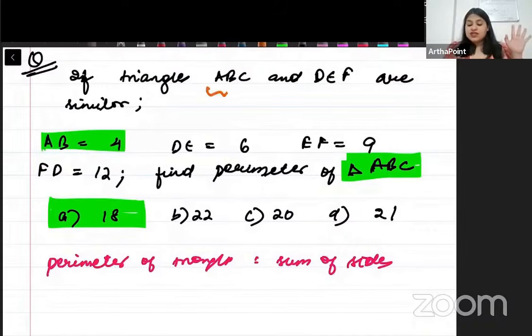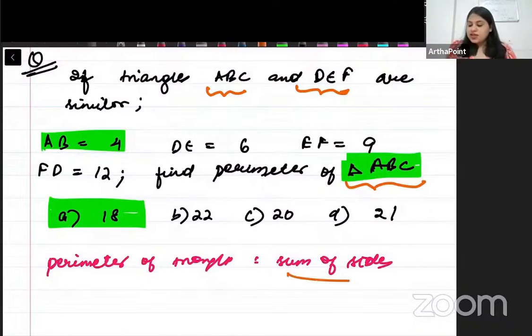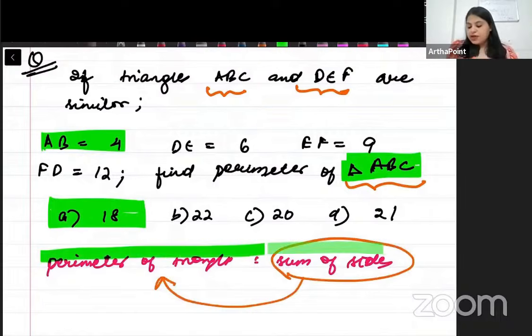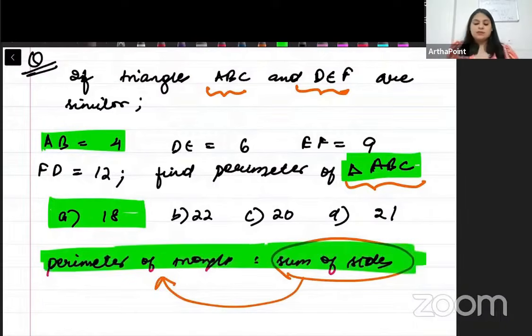But these two triangles are similar to each other, so the ratio of sides should be equal. So find out the other two sides of ABC. Then the sum of sides is called the perimeter of the triangle. Please do this. Don't skip this question.